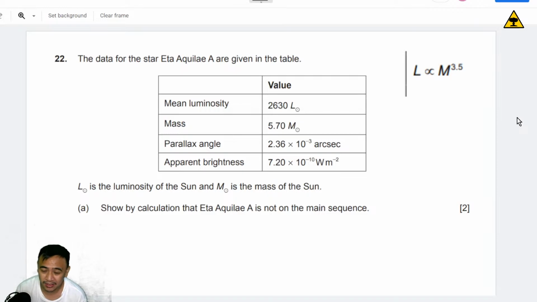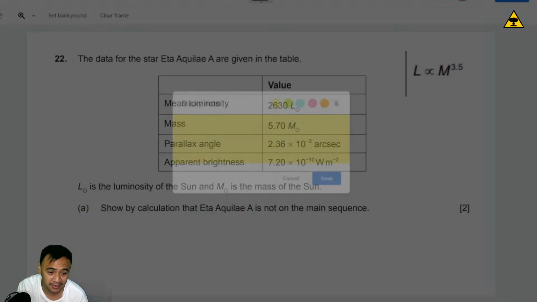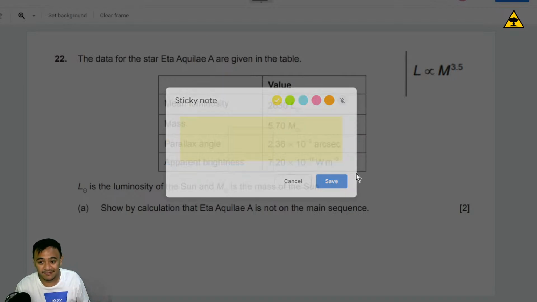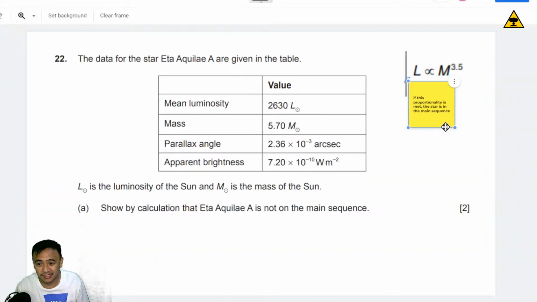What does this mean? This formula simply means if this proportionality is met, the star is in the main sequence. That's it. That's what this formula means.